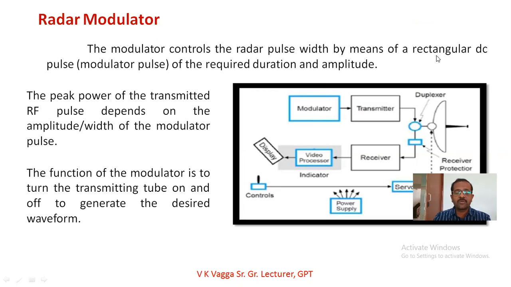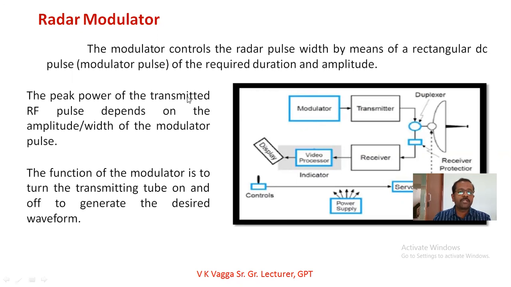It does so by means of rectangular DC pulses of the required duration and amplitude. According to the amplitude and the width of the pulse, it can control the amplitude of the RF signal at the power amplifier output.